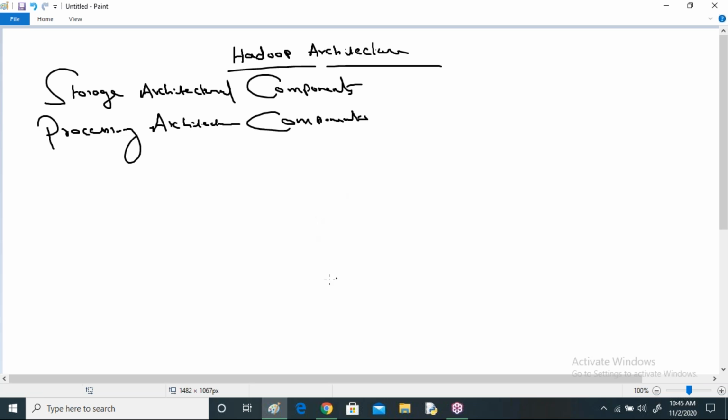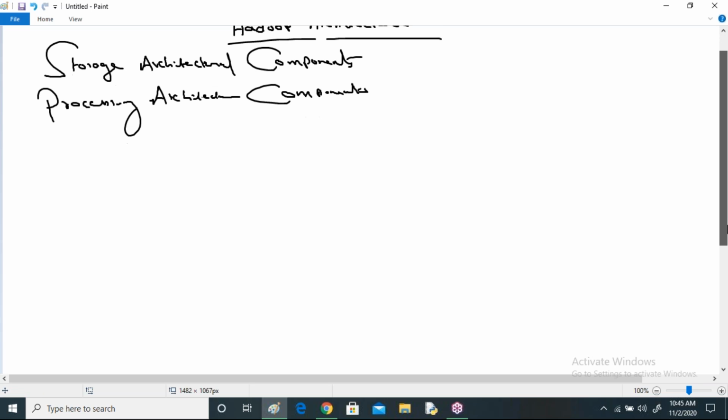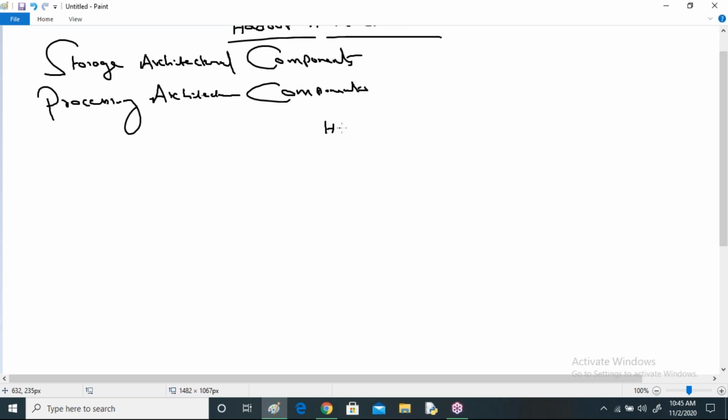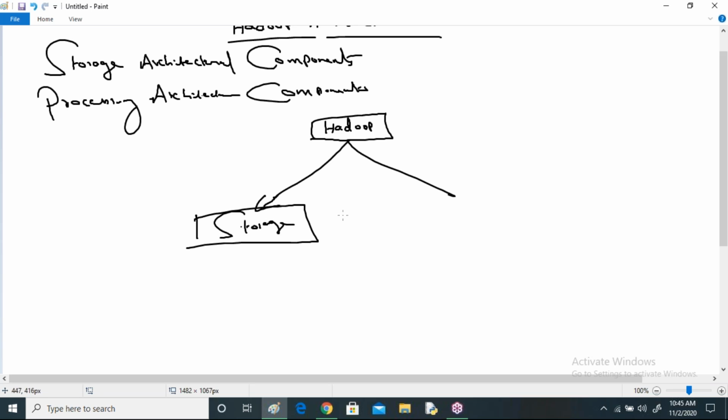Generally, any technology is meant either for storage or processing, but Hadoop is meant for both. It is going to store huge data and process that huge data within quick time.